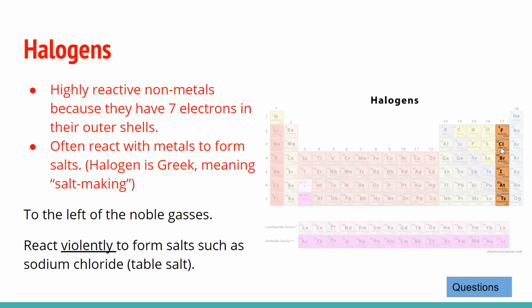You won't find chlorine just out on its own, pure chlorine. You're not likely to find it. You probably also won't find sodium just out on its own. They will form bonds. We'll talk about this a lot more when we start talking about ionic bonds, but yeah, halogens.